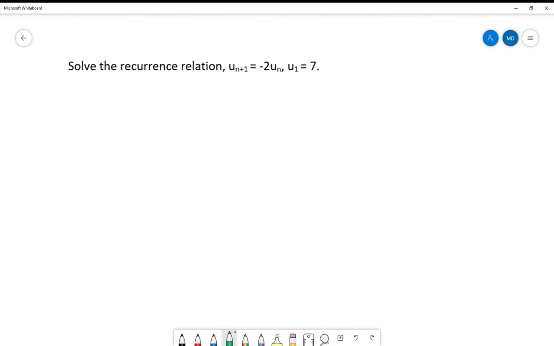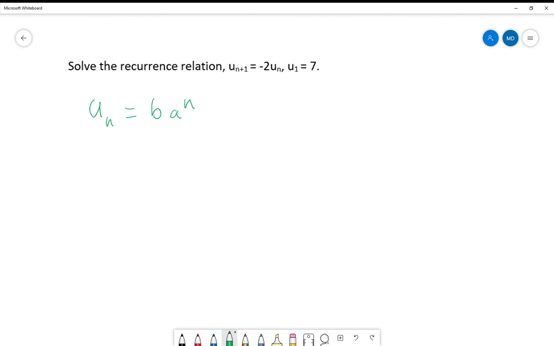Solve the recurrence relation u_{n+1} is equal to negative 2 lots of u_n, u_1 is equal to 7. So we're going to use our form that we just established. u_n is equal to b times a to the n.